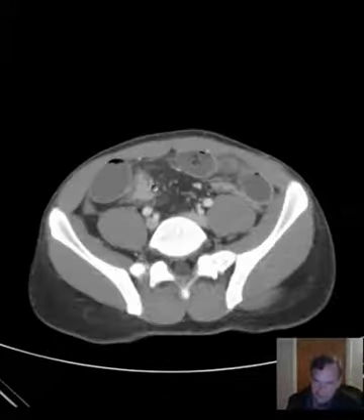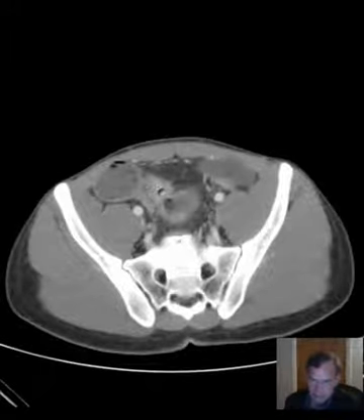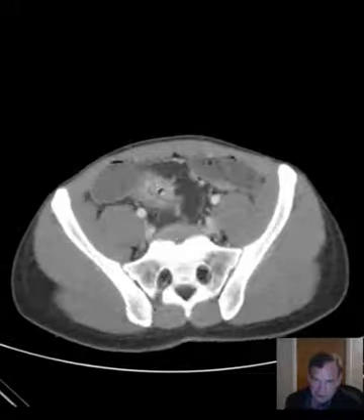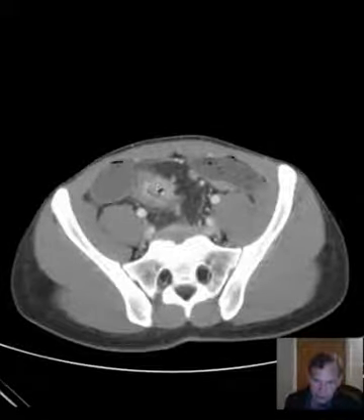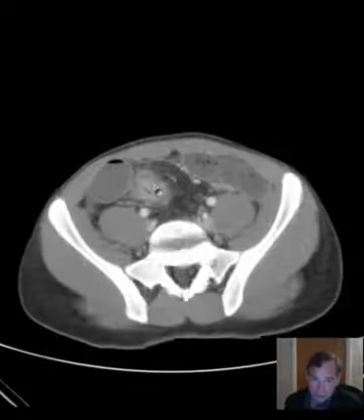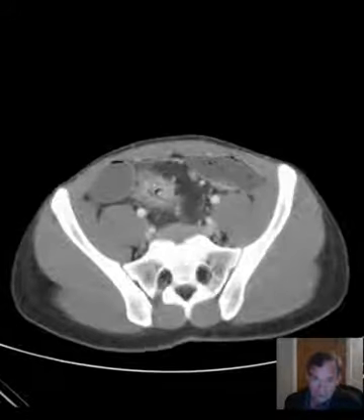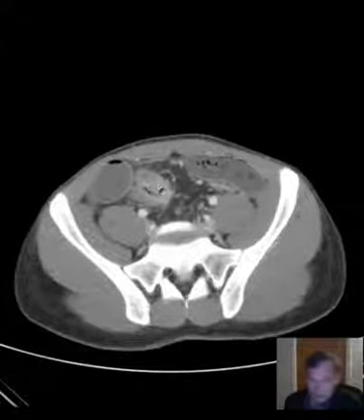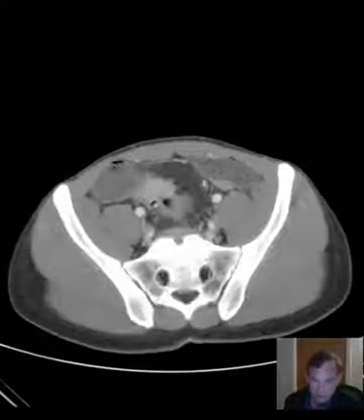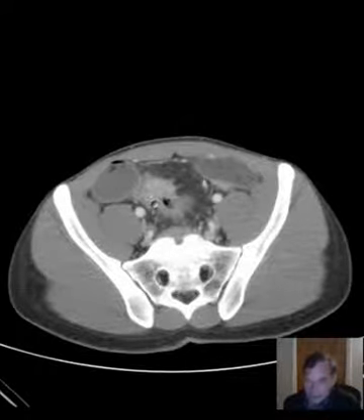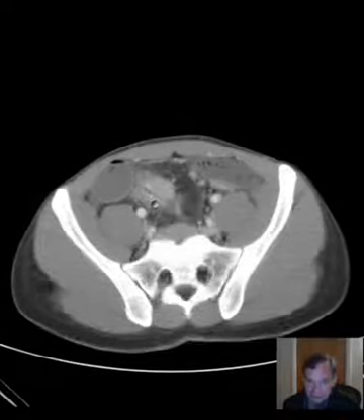So that tells me that this is the level of the obstruction, and it's either in the very distal small bowel, right proximal to the ileocecal valve, or it actually is some lesion such as a carcinoma involving the ileocecal valve, and that's possible, although I don't see anything inordinately thickened here to indicate that there is really a mass in the ileocecal valve region.